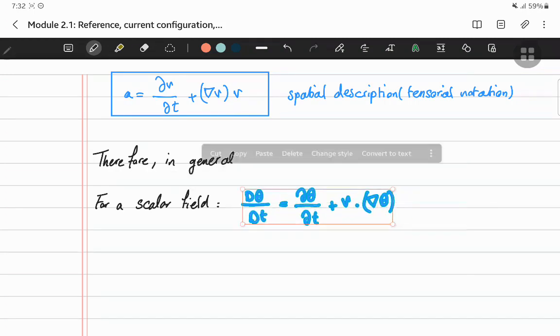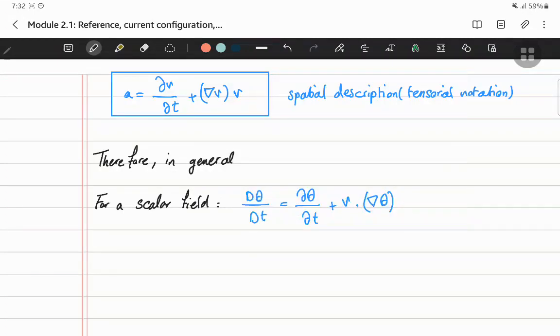So if I just paste it in here, you get something like this. If I substitute this with, for example, a black square here, so for a scalar field, you get this.